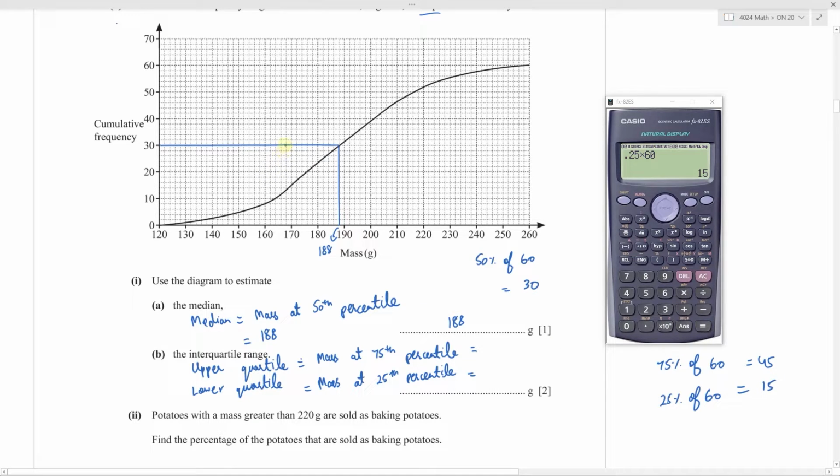So now let's go back to the graph here. The 75th percentile is 45. So 45, this will be 40, 42, 44, and 45 will be in the middle here between the two blocks.